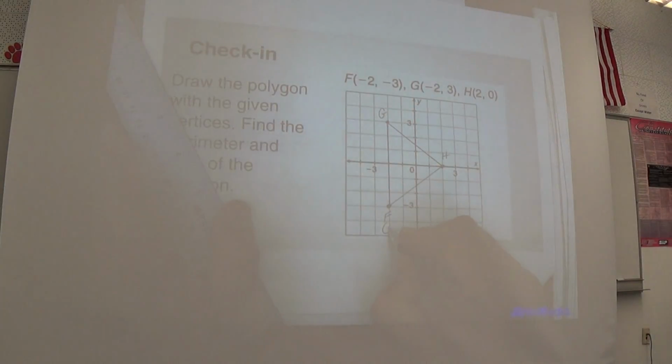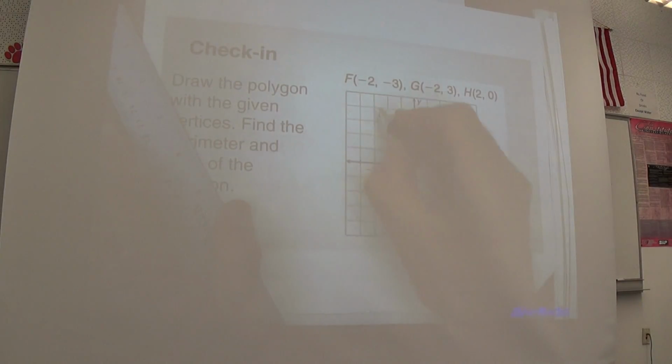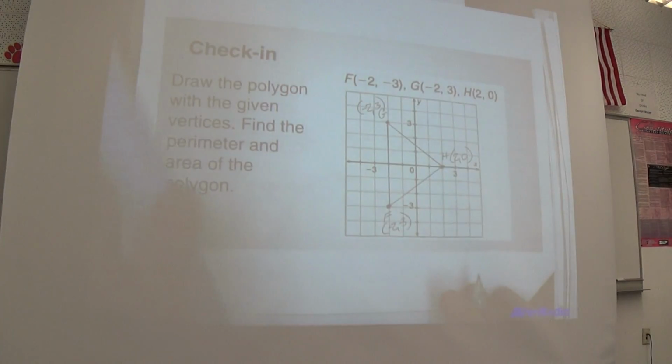So F is the point -2, -3. H is the point 2, 0. And then G is the point -2, 3.